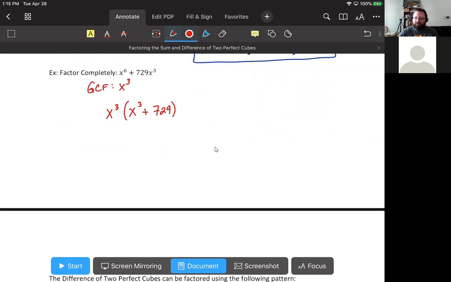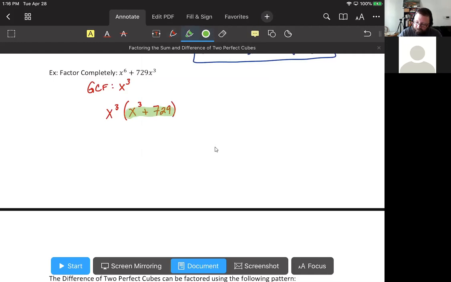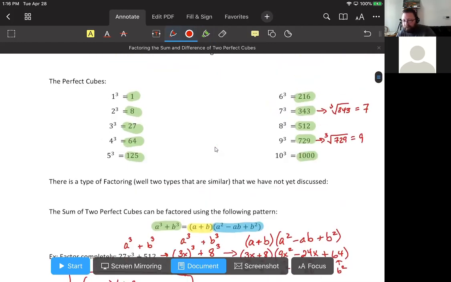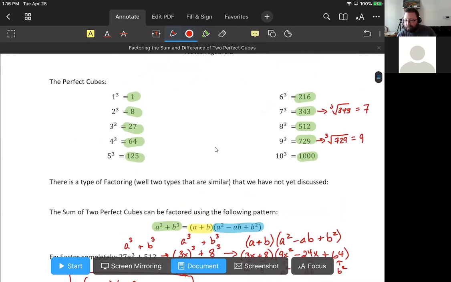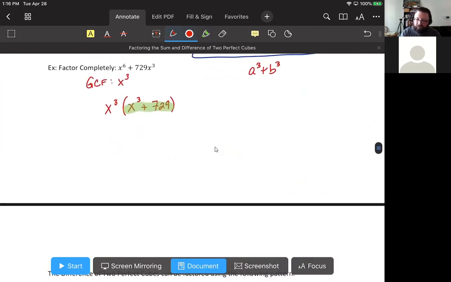So we would have x cubed times the quantity x cubed plus 729. Well, we should recognize this as being our sum of two perfect cubes, because 729 is 9 cubed from our list up above. So that says x cubed plus 9 cubed.